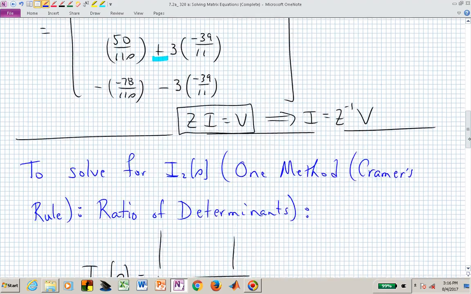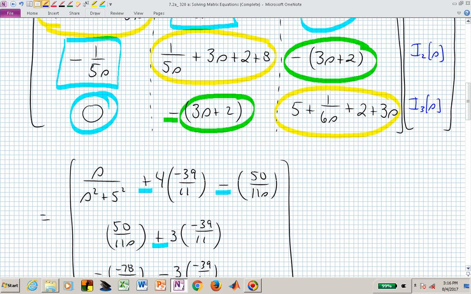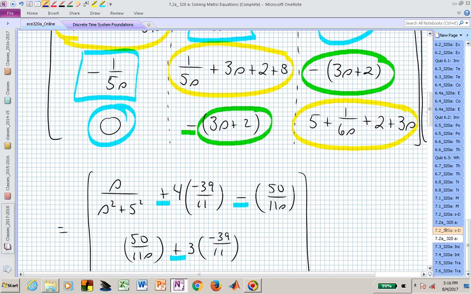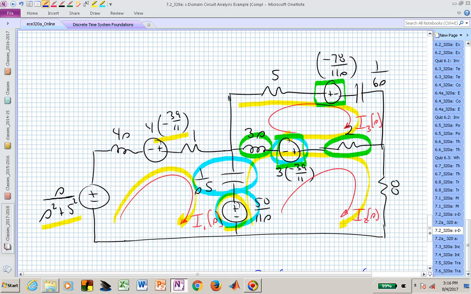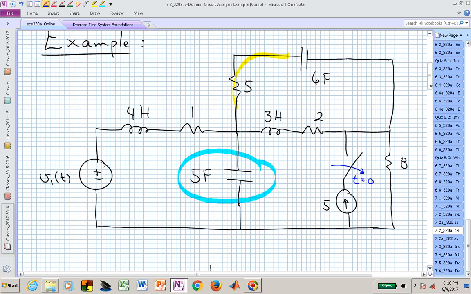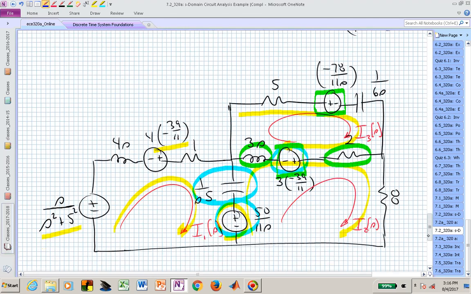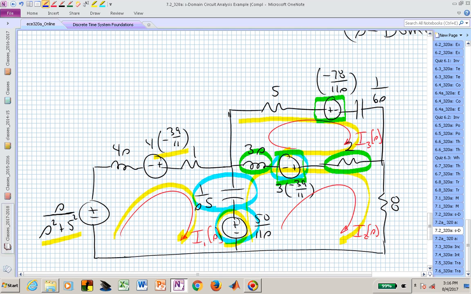The main point that we want to get across is that we can now solve a complicated circuit problem, again, just using algebra. The algebra will obviously now be in terms of polynomials or rational expressions in S, but we're just doing algebra and we don't have to do differential equation analysis.